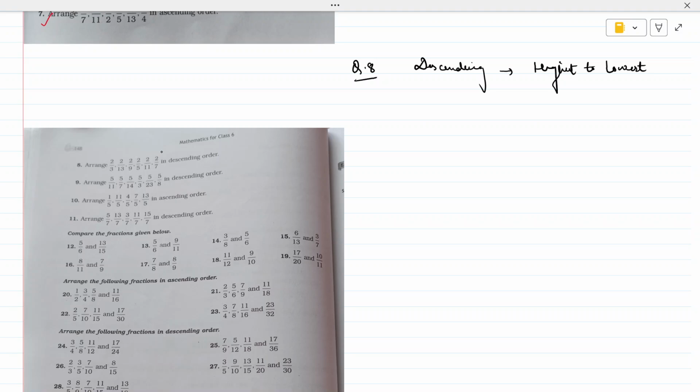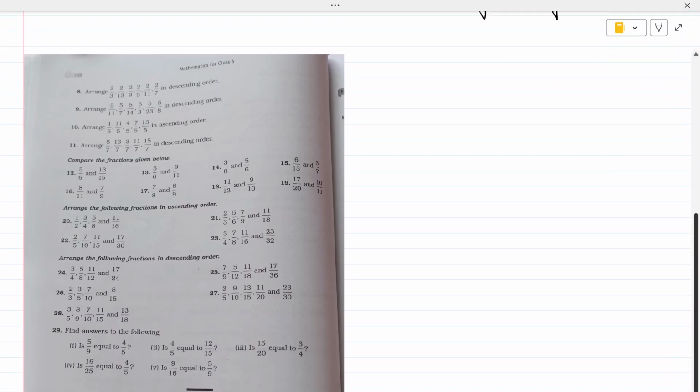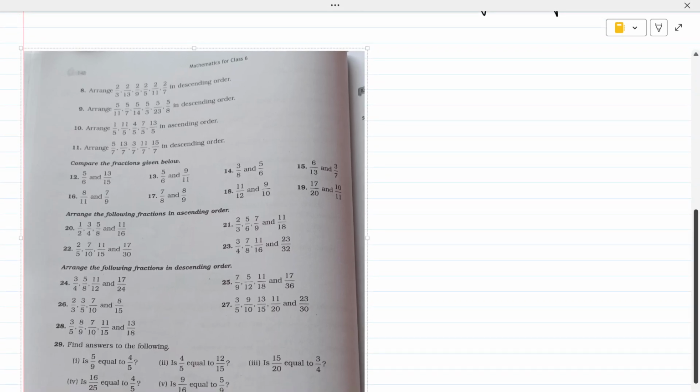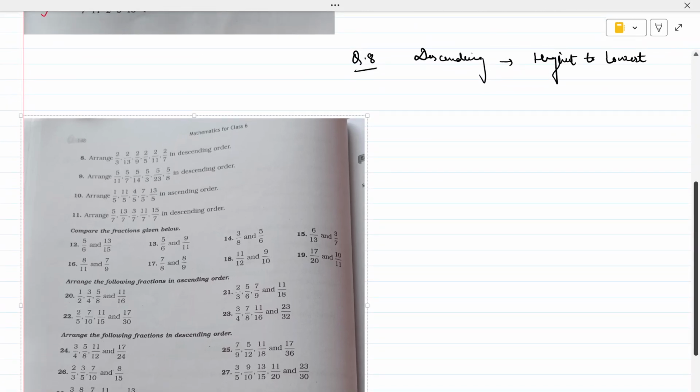Again, all the numerators are same, that is 2, and we have to arrange them from big to small. Big to small means we have to pick the fraction which has the highest value first. Let's do it. I am writing straight away 2 divided by the number which has the smallest denominator, which is 3 here. This is biggest.